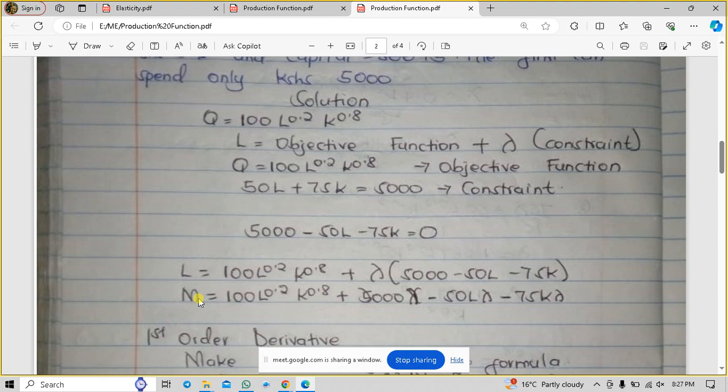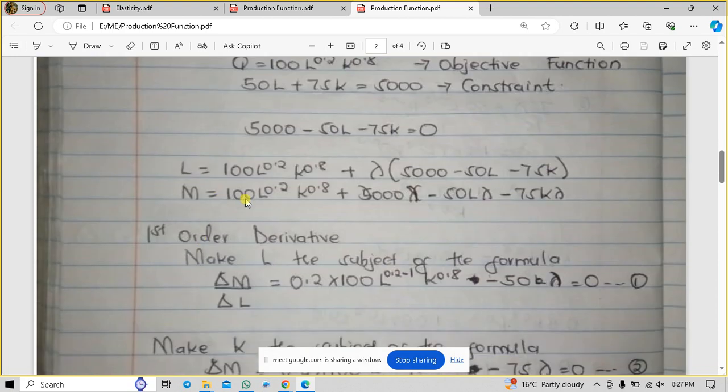So I've written M so that I can distinguish them. M equals 100 L^0.2 K^0.8 plus, opening the brackets, 5000 mu minus 50L mu minus 75K mu. So here we are just opening the brackets.